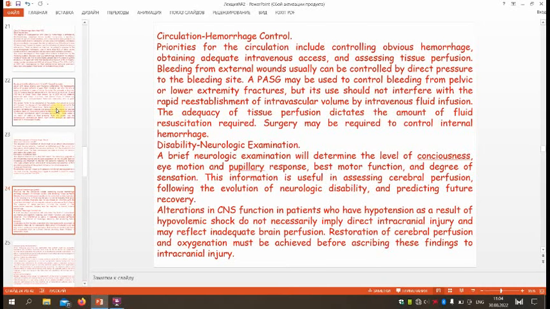Alteration of central nervous system function in patients who have hypotension as a result of hypovolemic shock does not necessarily imply direct intracranial injury and may reflect inadequate brain perfusion. Restoration of cerebral perfusion and oxygenation must be achieved before ascribing these findings to intracranial injury.